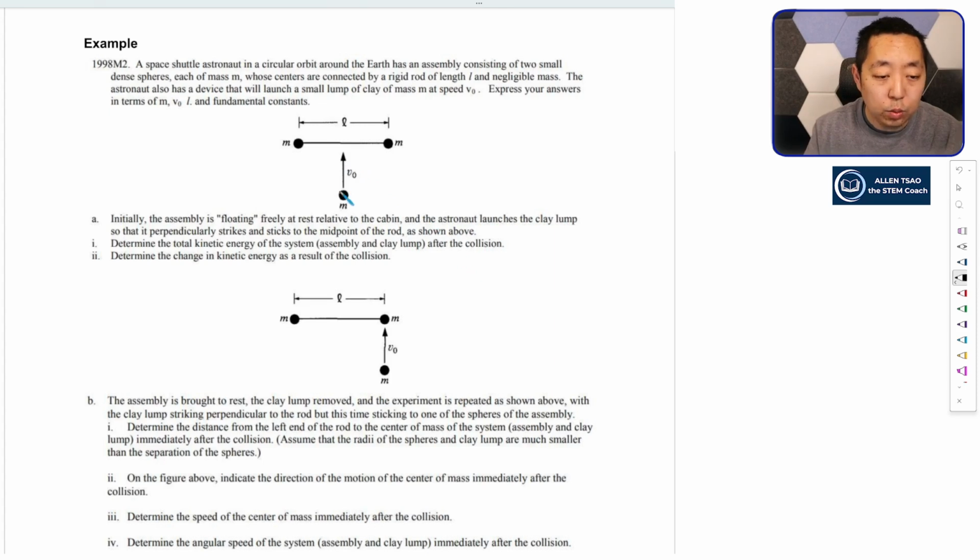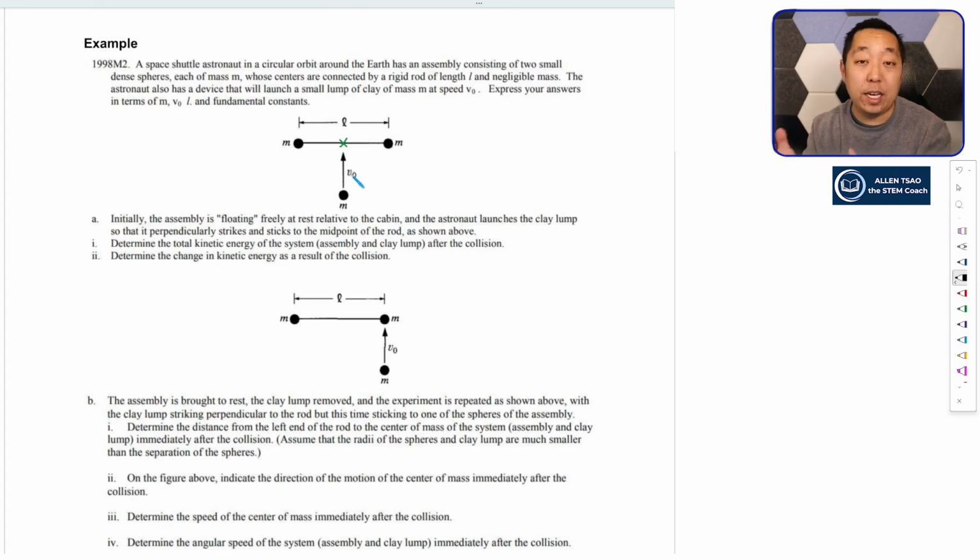Now, we're hitting the midpoint here. So this one we might not exert a torque. Let's say if it were to rotate, it would be around this point, but we're going to hit it right there. So this is going to be a little bit more like a linear momentum. The way you want to think about it is almost just like a linear momentum. We have something going upward, hits it.